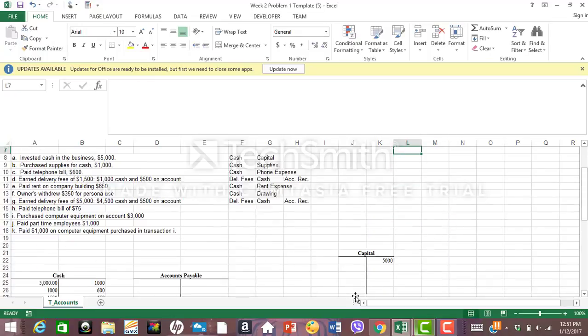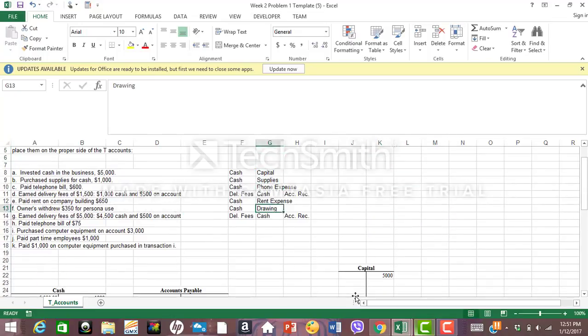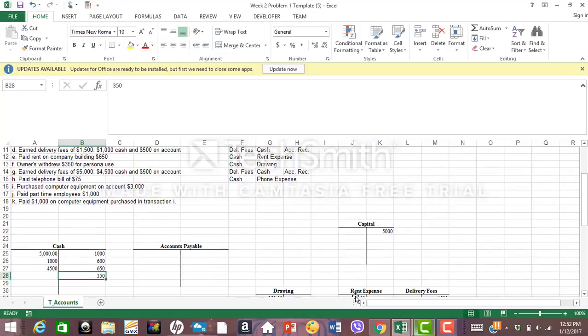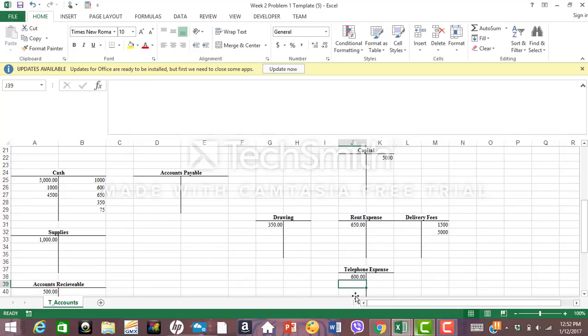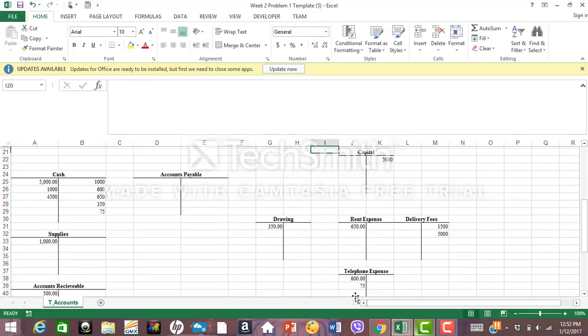We are done with that. The next one is pay telephone bill of $75. We pay with cash, and it is phone expense. So we credit cash for $75 and debit telephone expense for $75.